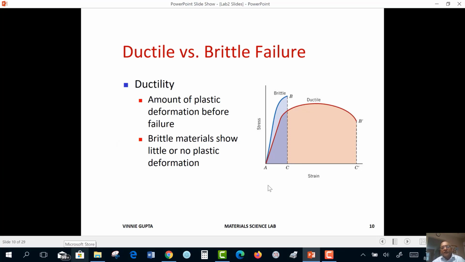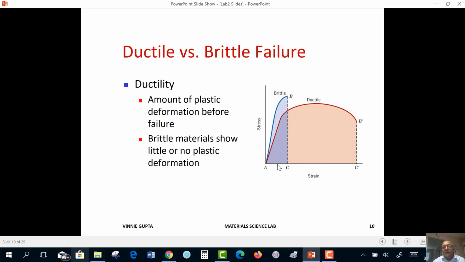So let's consider, for instance, two curves. Here is a material B in blue, and here is a material in red we'll call B prime. You can see the sample experiences a lot of strain before it fails. This percentage strain to failure, or percentage increase in length before failure, is called ductility.